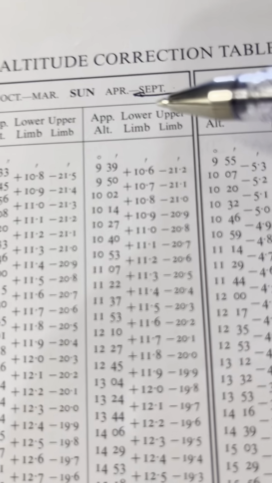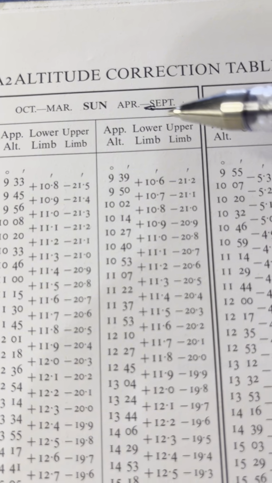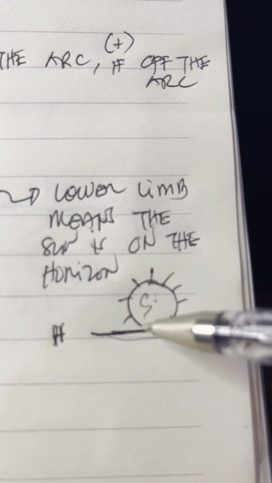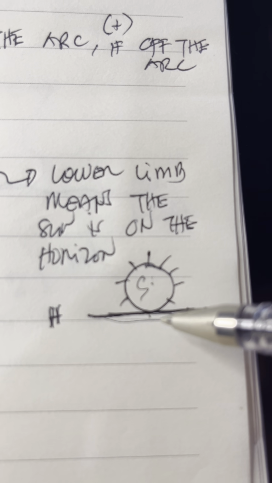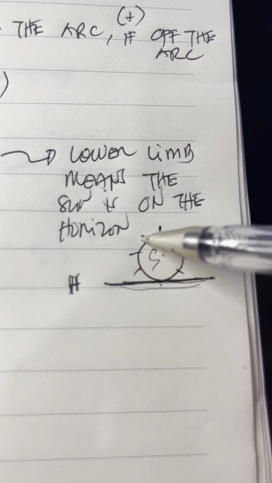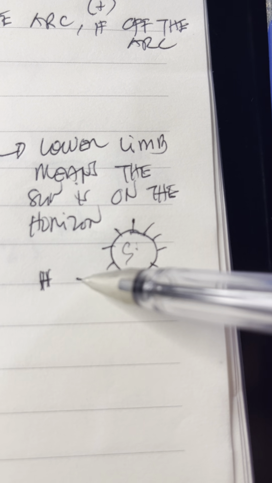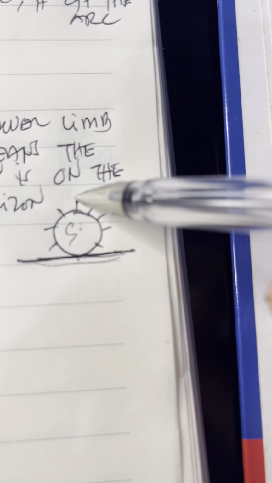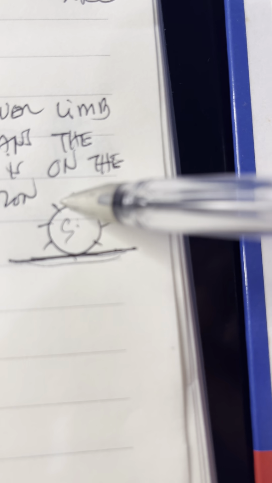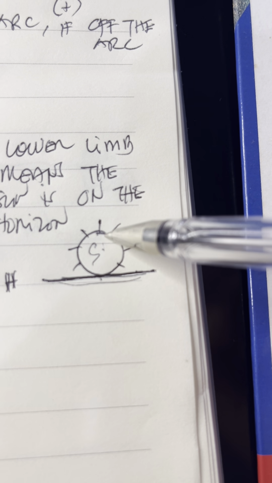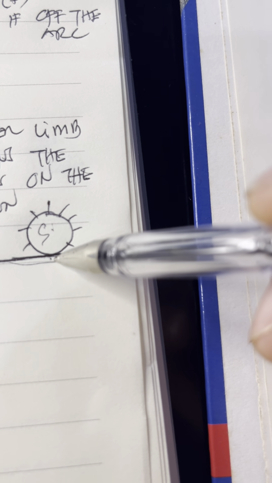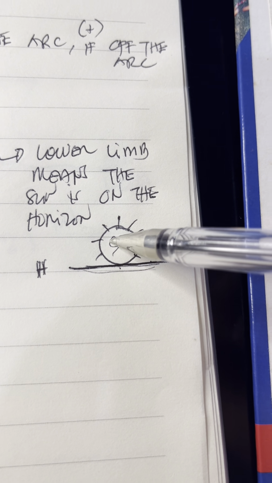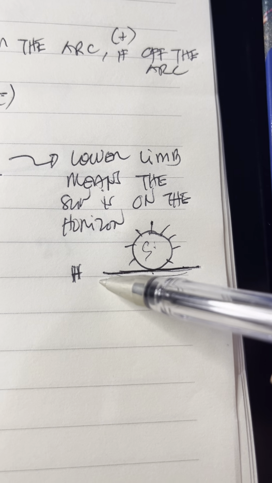Why do I say that the sun is at lower limb? Because it's like this. During the sight, when you observe that the sun is above the horizon, like this, we will call this a lower limb. This is the sun, this is the horizon.